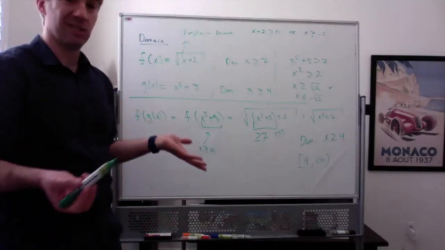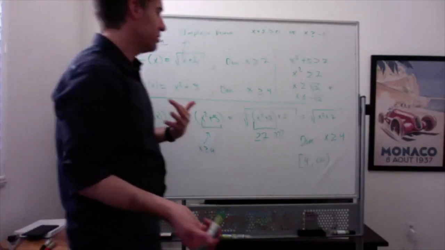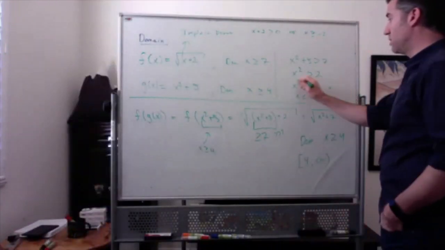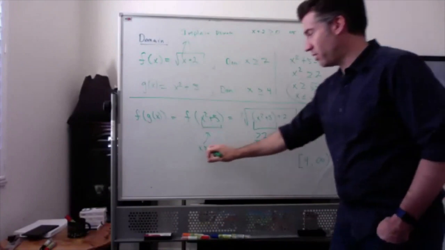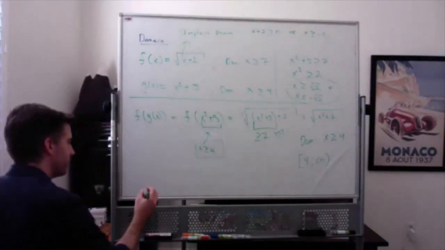I think the reason I didn't do that was because I saw that we were already going to satisfy what we needed. So here's the thing. We're getting this condition, but we also have to meet this condition. So here's what this is looking like.